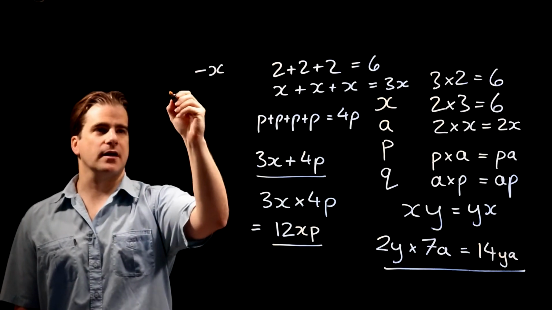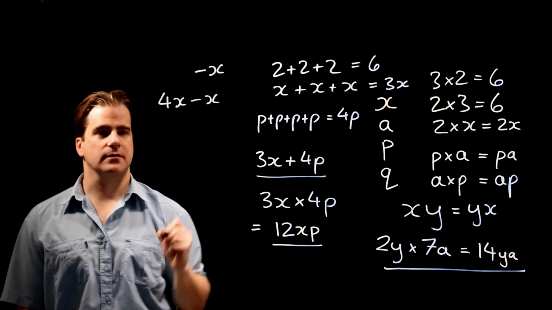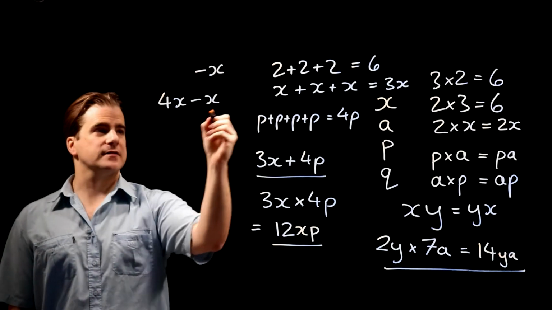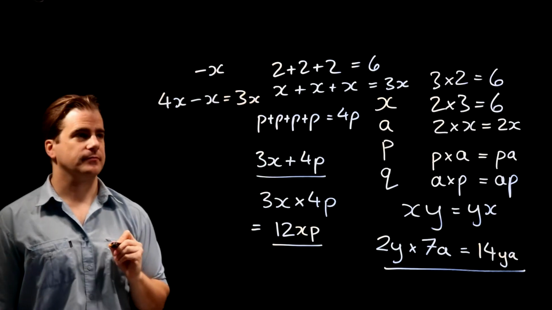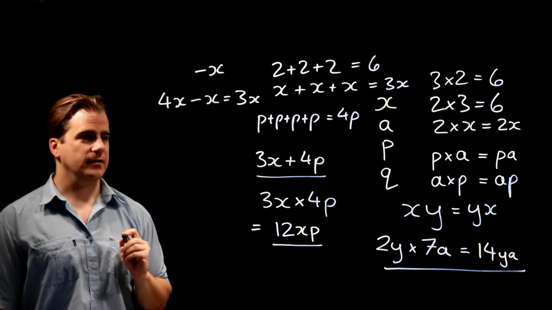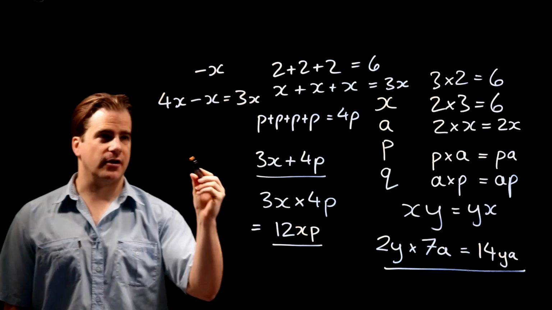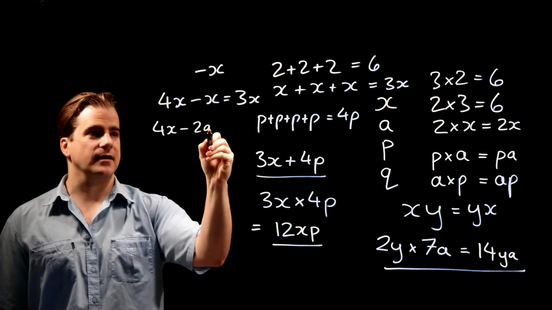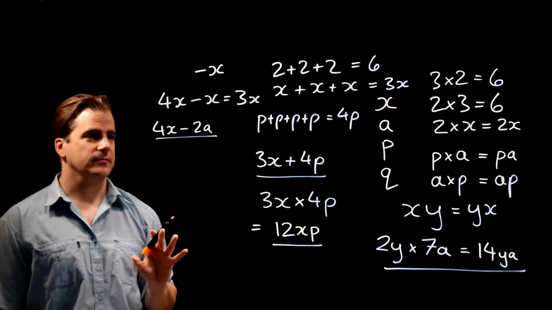So if you've got something like 4x minus x, then you've got 4 of something minus 1 of something. So that's just 3 of the something, so it's just 3x.